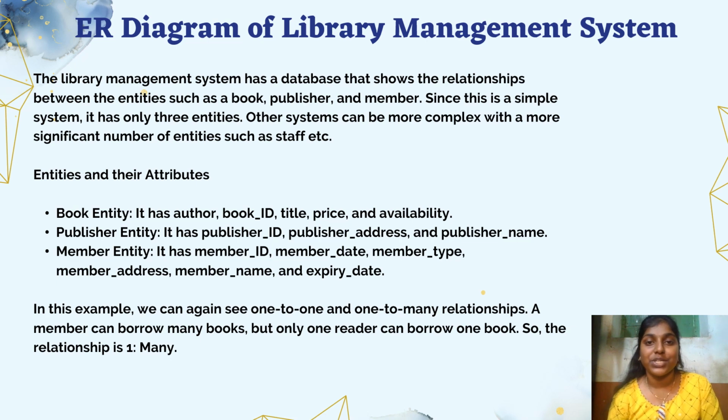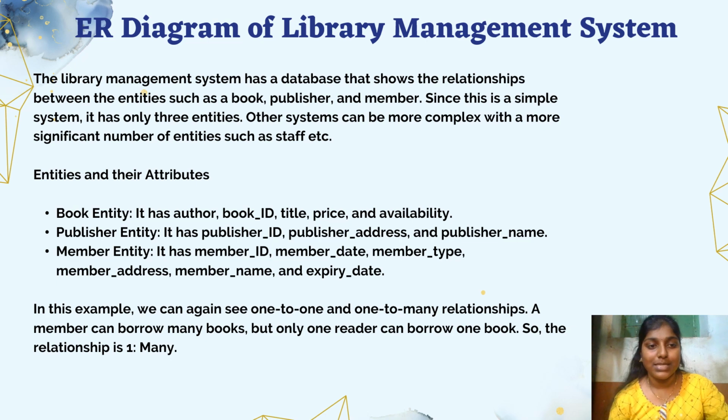Entity relationship diagram of a library management system. The library management system has a database that shows the relationship between entities such as book, publisher, and member. Since this is simple, it has only 3 entities. I'm taking only 3 entities, and other systems can be more complex with a significant number of entities such as staff or anything else.